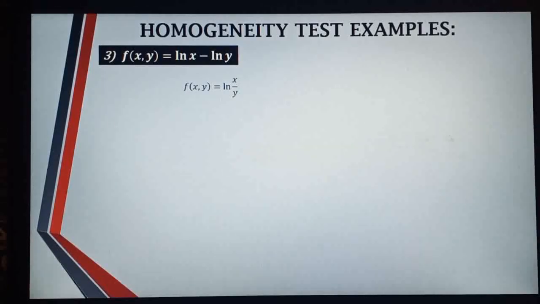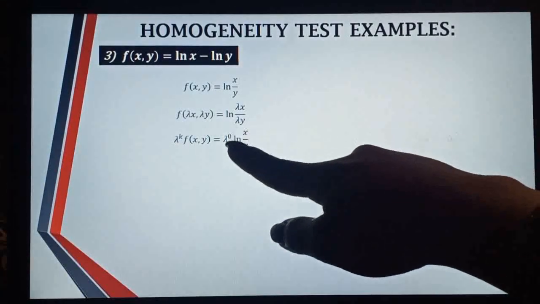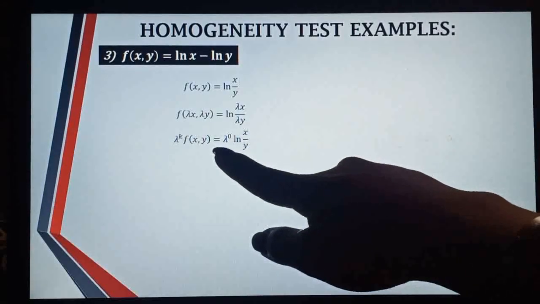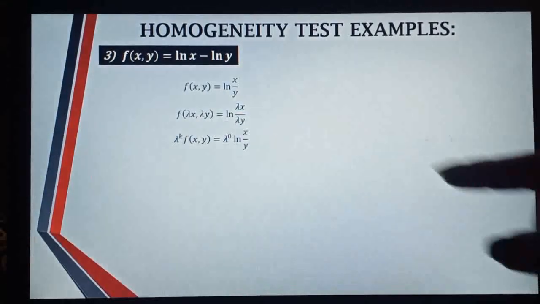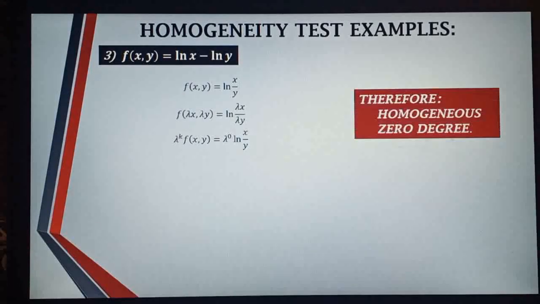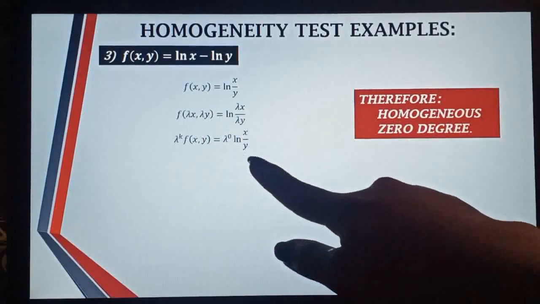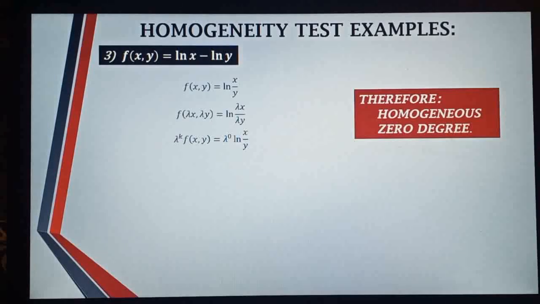Now when we substitute lambda x and lambda y, that will be ln of lambda x over lambda y. Then, since lambda cancels, we get the original equation. Since lambda raised to 0 is also equivalent to 1, this is homogeneous in 0 degree. It is still homogeneous since you satisfy lambda raised to k times the function of x and y.